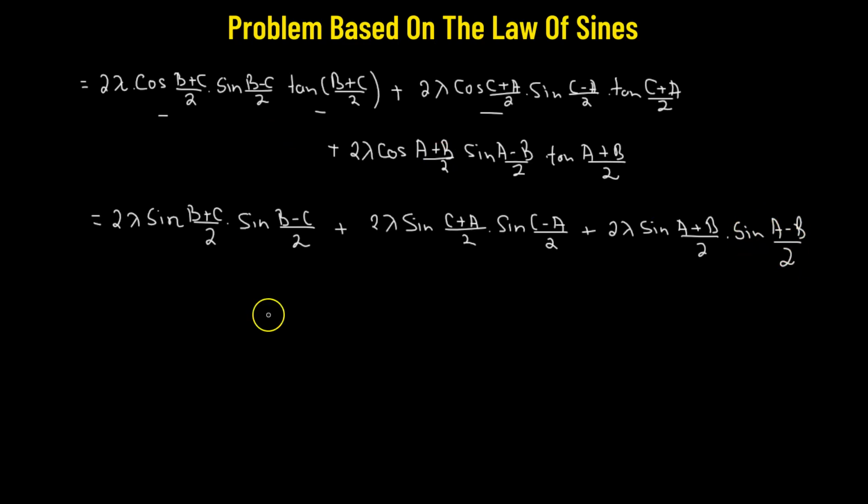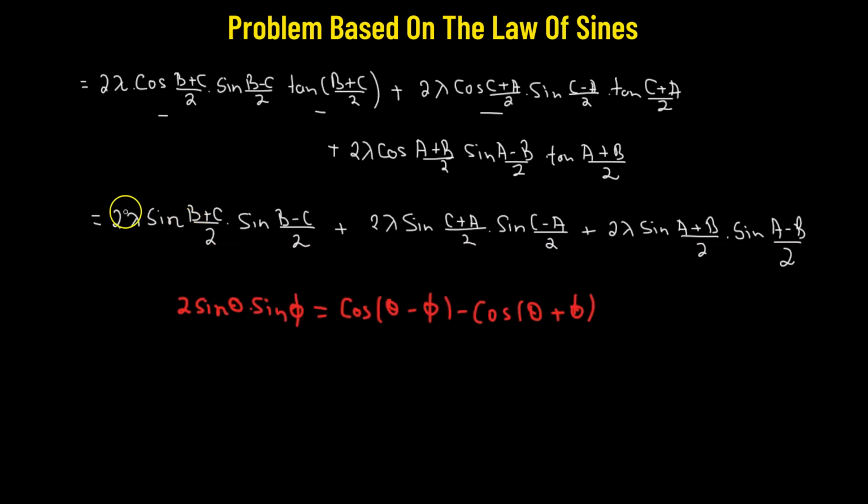Now, we're going to use the fact that 2 times sine theta times sine phi equals cosine of theta minus phi minus cosine of theta plus phi.